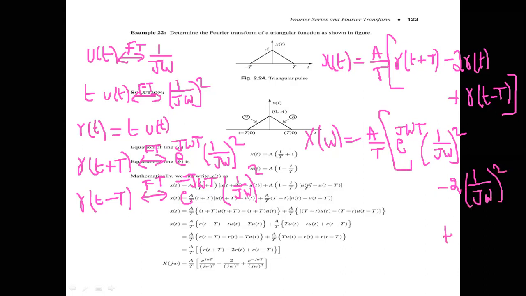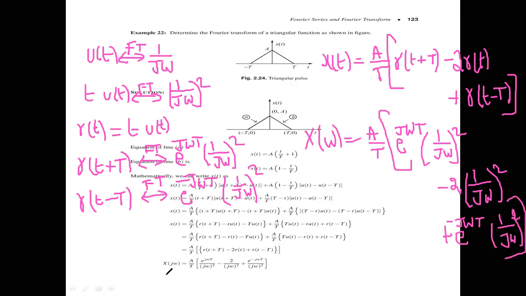And the last one, r of t minus T. So e power minus j omega T; here it is minus of minus, so it becomes plus. So e power minus j omega T times 1 by j omega whole square.